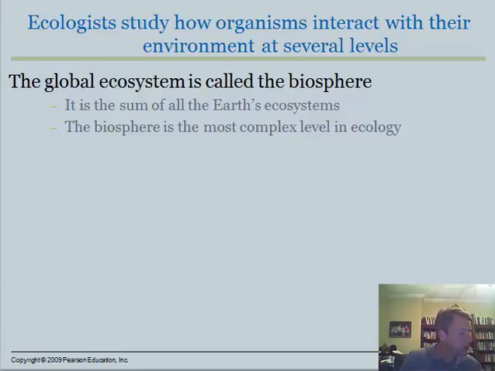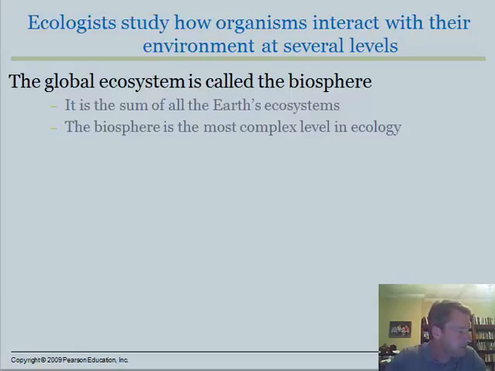Other levels mentioned here are the atmosphere, made up of all the gases, the hydrosphere, which is all the water, and the lithosphere, which is all the soil and its derivatives. Those are the major non-living parts of the Earth's environment.